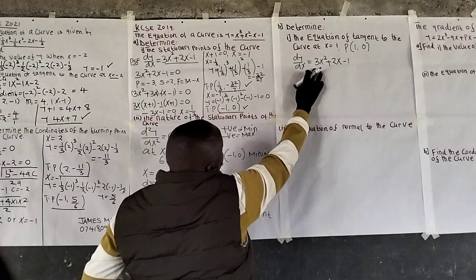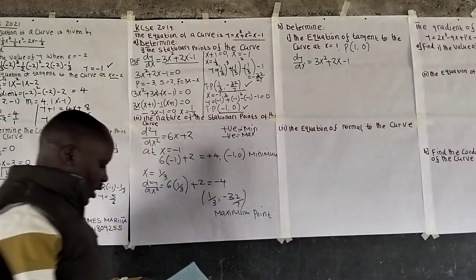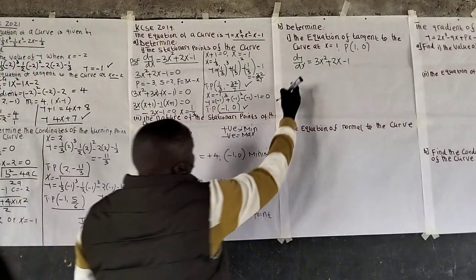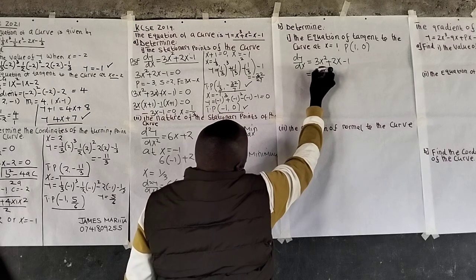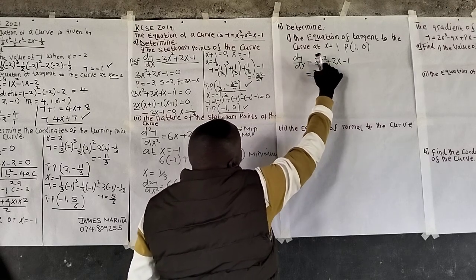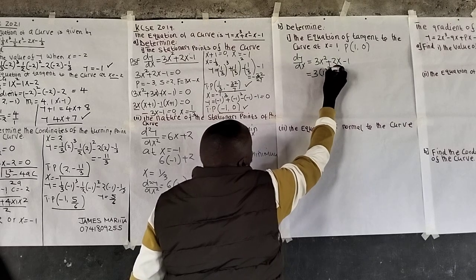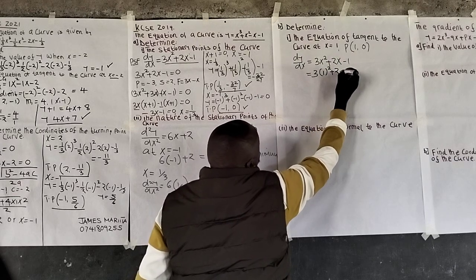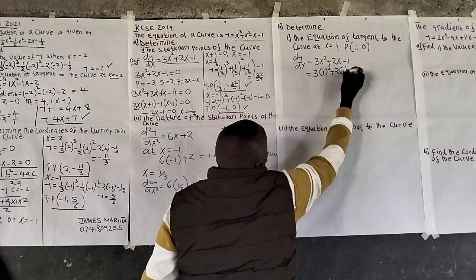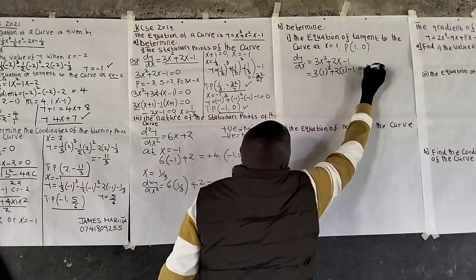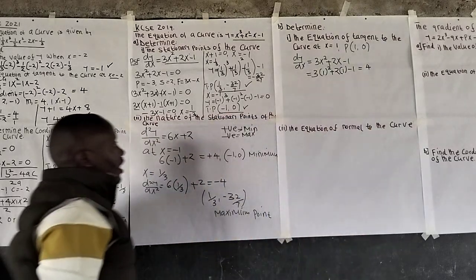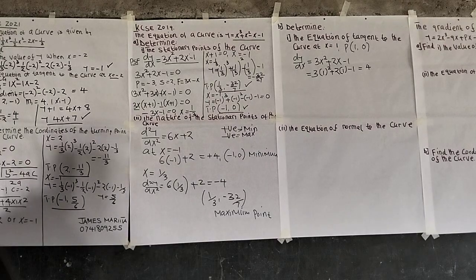So if you substitute the value of x, we have 3 times 1 squared, plus 2 times 1, then minus 1, and this is giving us 4. So the gradient is equivalent to 4.